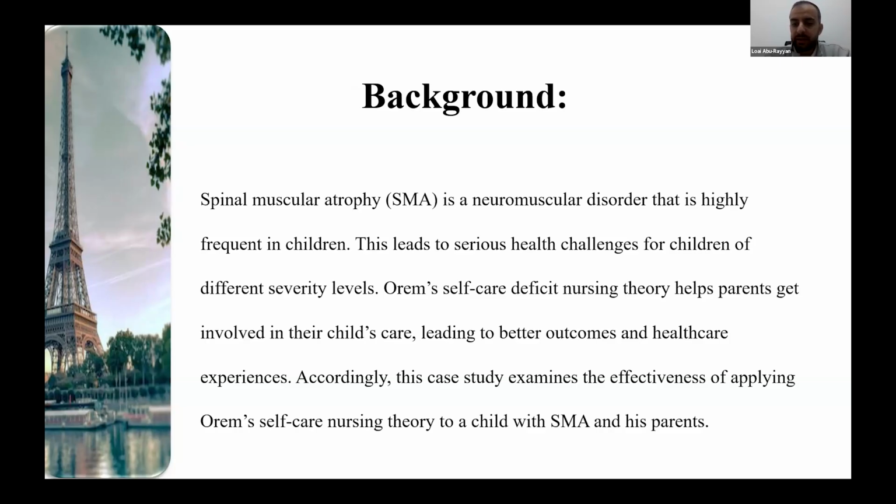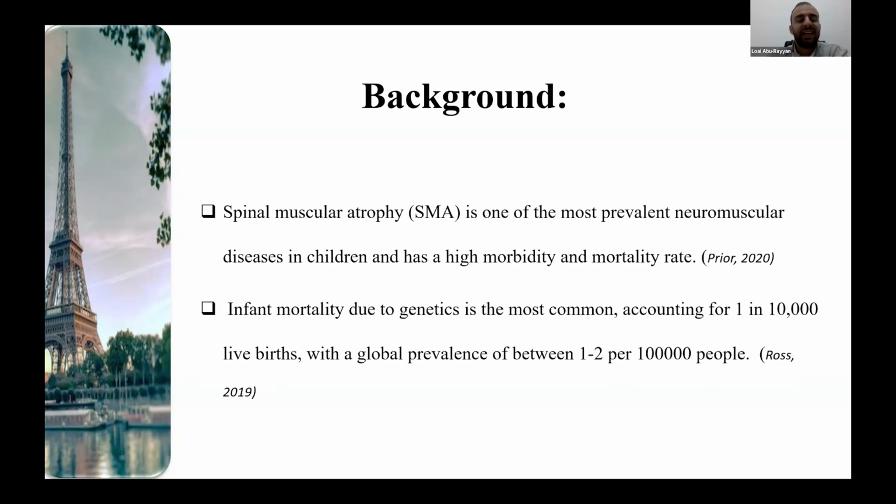Orem's self-care deficit nursing theory helps parents get involved in their child's care, leading to better outcomes and healthcare experiences. Accordingly, this case study examined the effectiveness of applying Orem's self-care theory for nursing a child with SMA and his parents. It helped the nurses to manage and care for this patient.